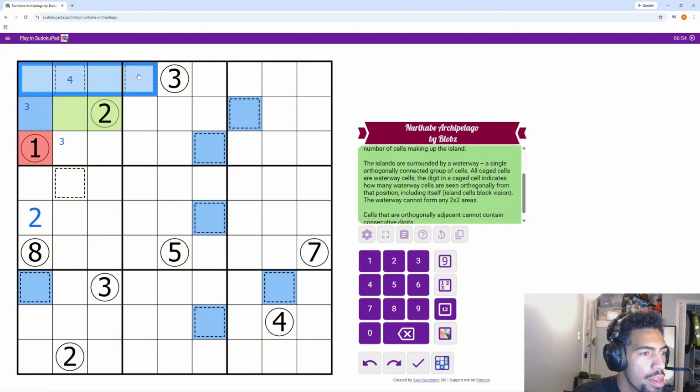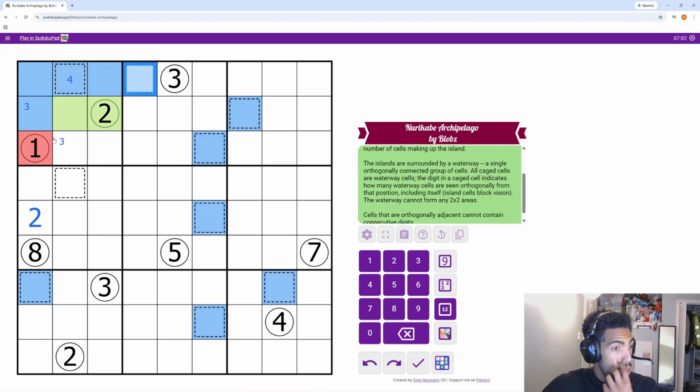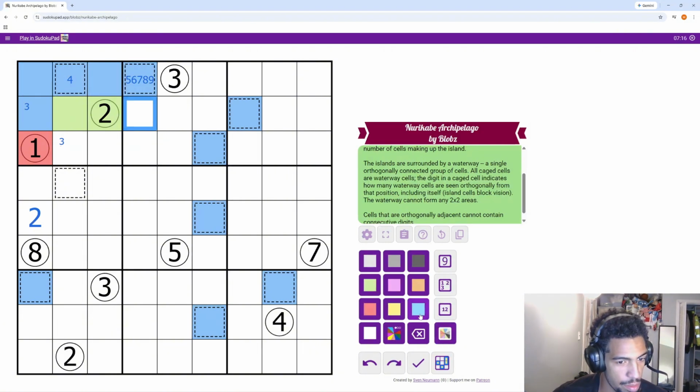Right. So that has to be the 4. And then this cell now has to be, well, wait, it has to be at least 4 as well, but it can't be 4. So this has to be a high digit, which means that this cell is definitely blue.